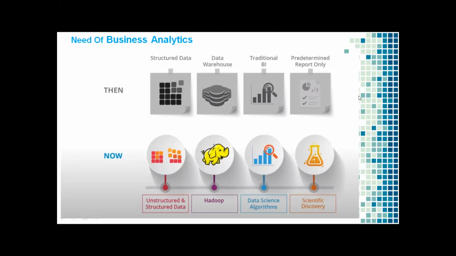But right now, the situation has changed. Most of the data that we get, on which we have to work, is either unstructured, semi-structured, or very rarely structured. Now, apart from the data warehouse, we have big data, meaning a huge number of records.